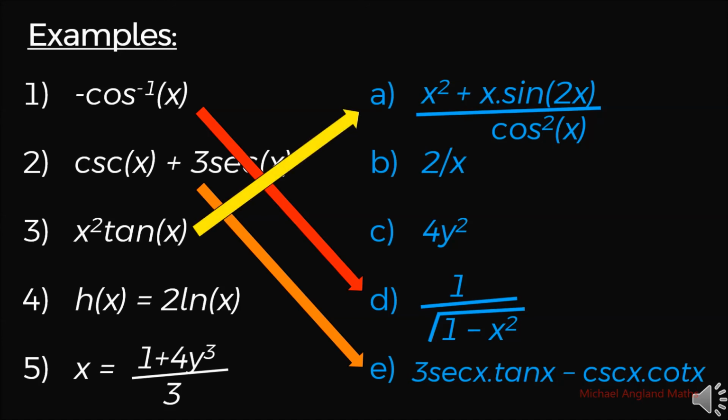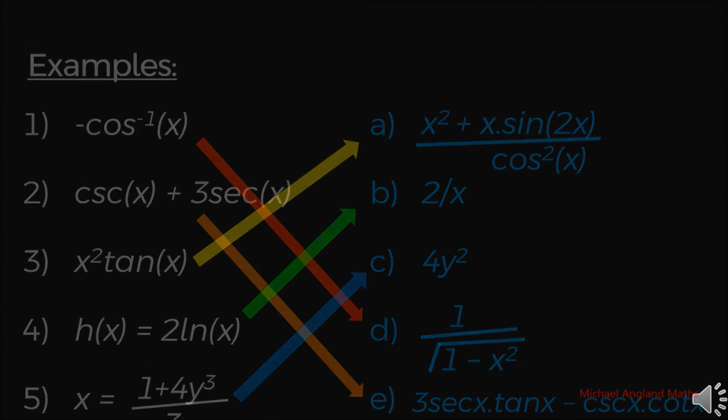That linked up with a, x squared plus x sine 2x over cos squared of x. Number 4, h of x equals 2 natural log of x. That matched with b, 2 over x. The last one, number 5, x equals 1 plus 4y cubed over 3, had a derivative of c, which was 4y squared.